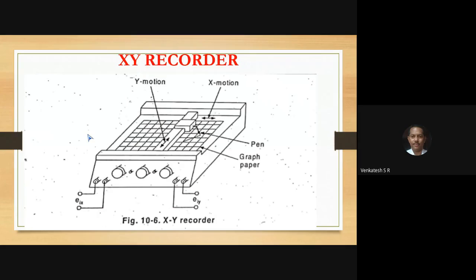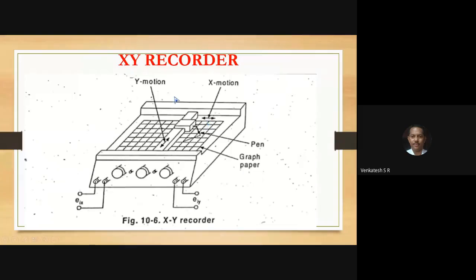Next, come to the point. In the terminating devices, there will be a recorder which records the movement of the stylus in x direction and y direction. In this diagram, observe that this is the input EIX, this is input EIY, and this is the output.